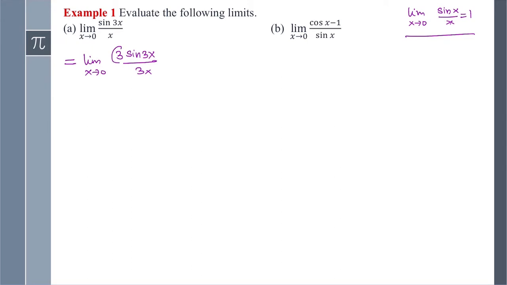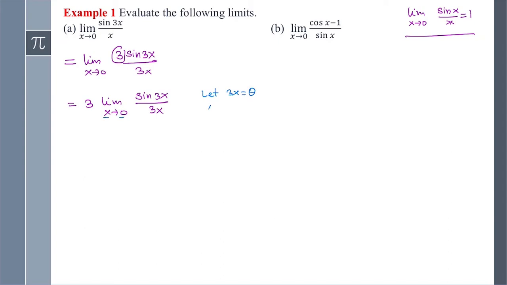Now this 3 we can factor out because it's a constant, so we can write 3 times the limit as x approaches 0 of sine of 3x over 3x. Now let's do a substitution here. Let 3x equal theta.